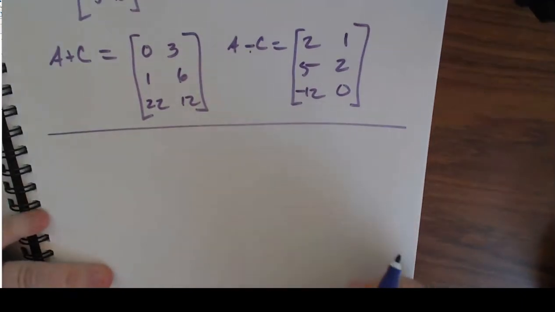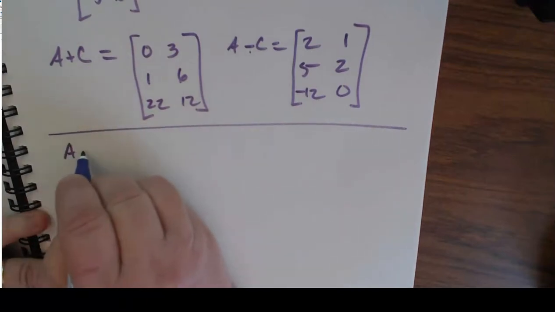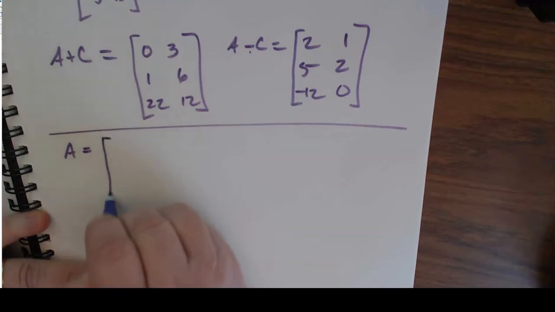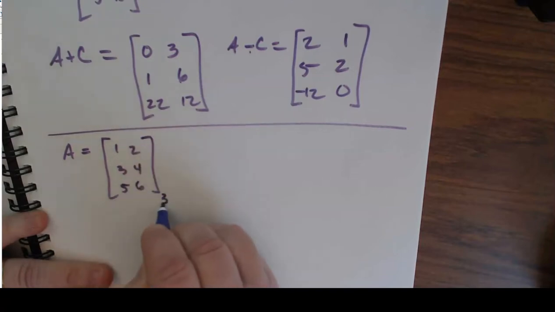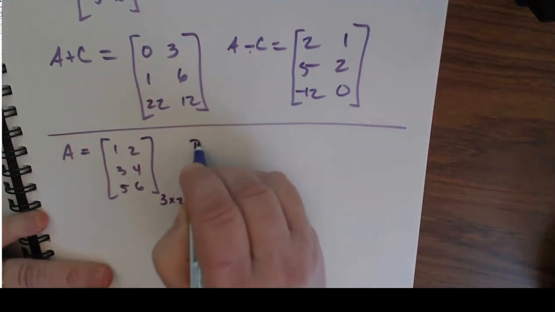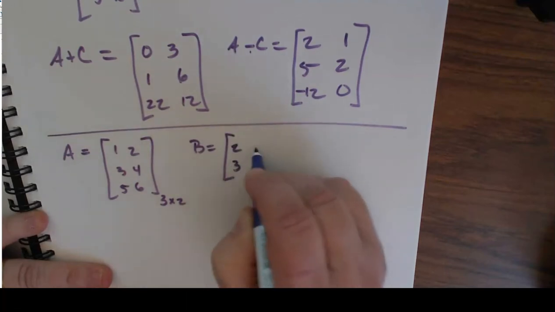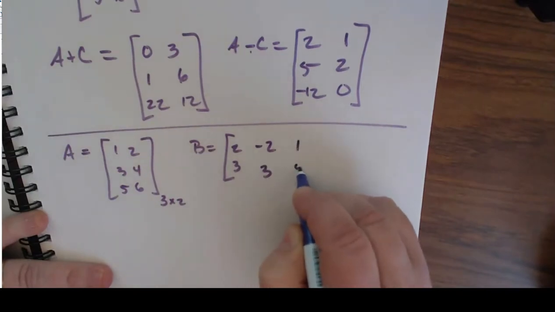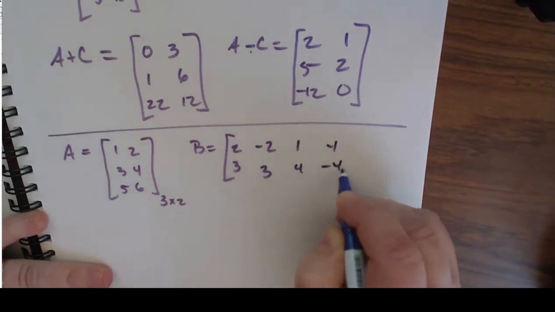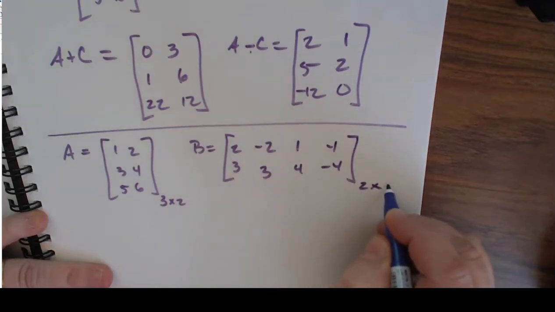Now, multiplication is more of a pain. So let's say I've got matrix A, which is 1, 2, 3, 4, 5, 6, and this matrix is 3 by 2. And matrix B is 2, 3, -2, 3, 1, 4, -1, -4, which is 2 by 4.